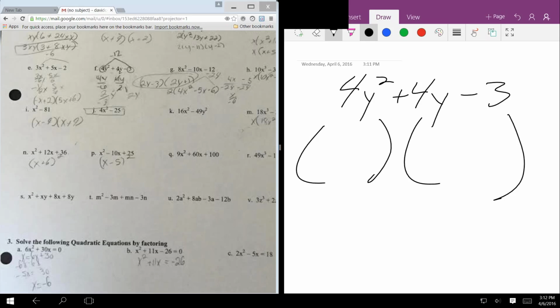What would multiply together to give you 4y squared? 2y and 2y, that's one choice. Another choice would be 4y and 1y. The only rule is you have to split the variable. But the number, you have a lot of choices.